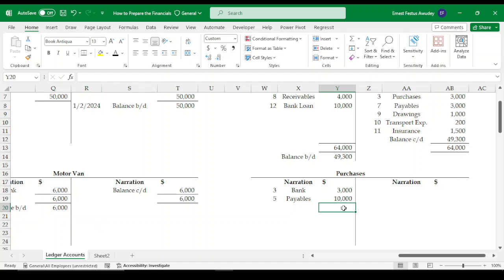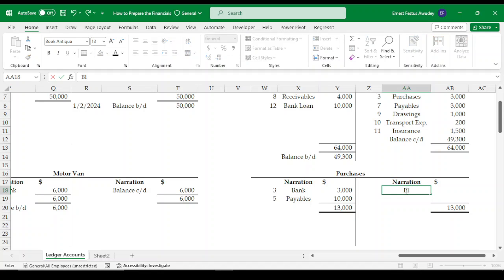So the total here is going to be equal to alt equals, we have that, and this is empty, therefore automatically the total is going to be this total here, and I'm going to insert my border, and then I'll have my balance carried down, and that is going to be equal to the total here, so that when I add these, it's going to give me 13,000, and then I'll come here and have my balance brought down.